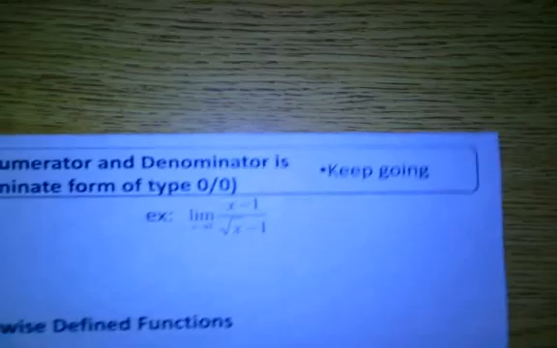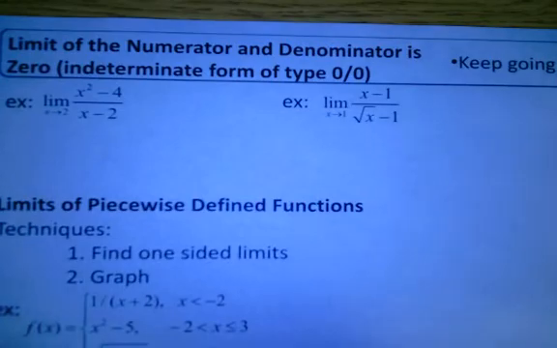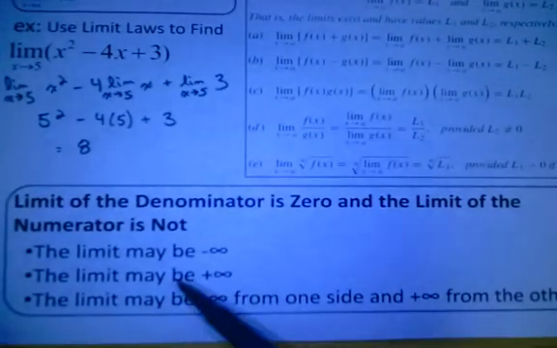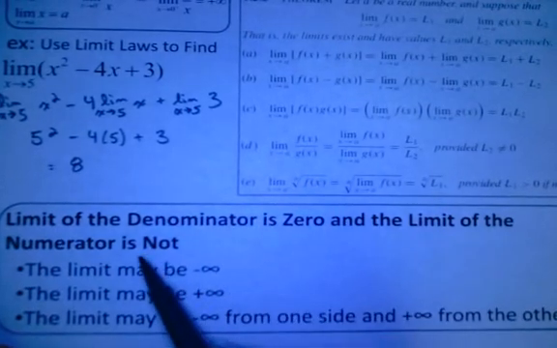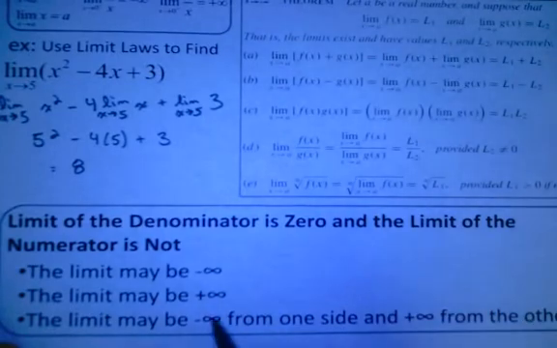Now, actually, I forgot to talk about the bottom. My bad, super important. Take note: if the limit of the denominator is 0 and the limit of the numerator is not, then the limit can be positive infinity, negative infinity, or negative from one side and positive from the other.